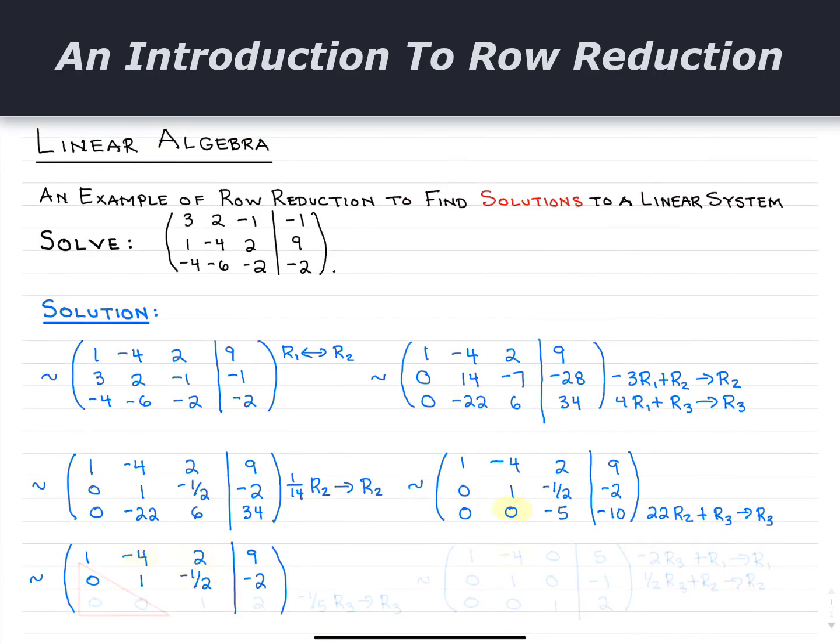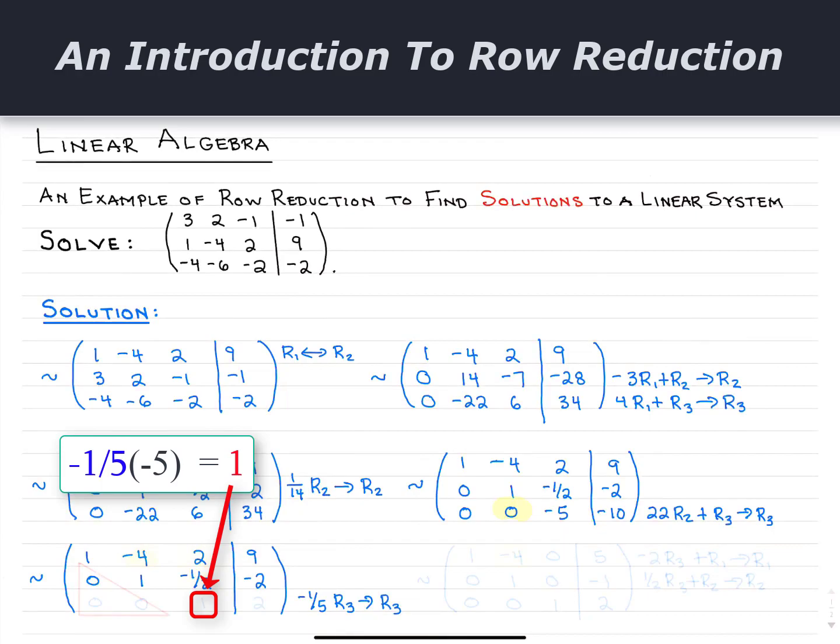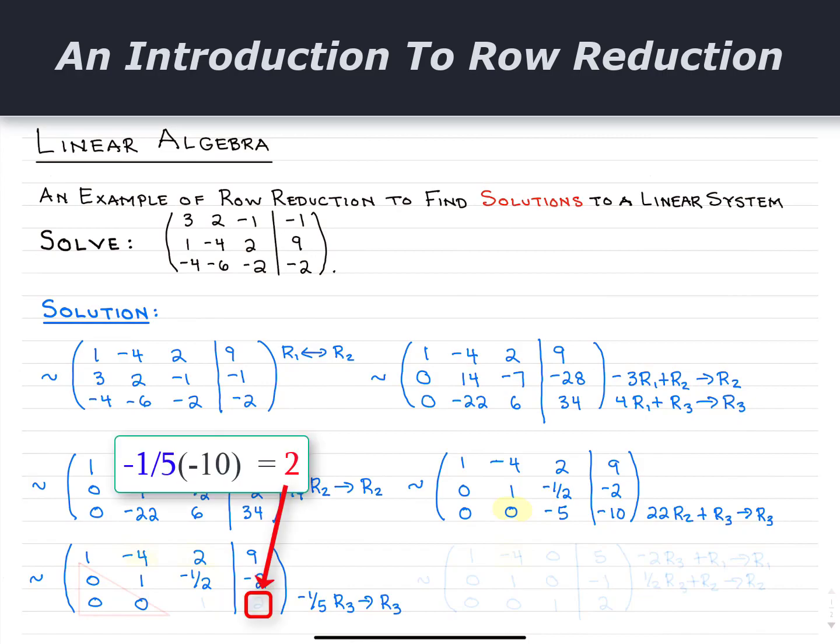So now again, I would like to make this a 1 in the third row, third column. So of course we'll just do negative 1/5 row 3. Now notice we don't say divide row 3 by 5. Technically, there is no division in terms of elementary row operations. It's always multiplication.